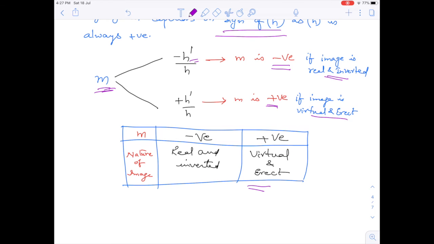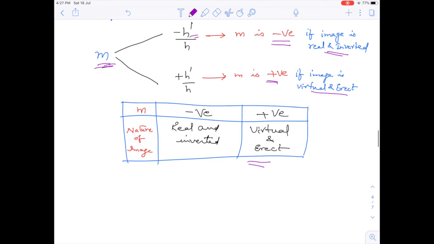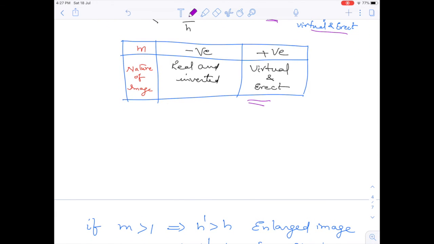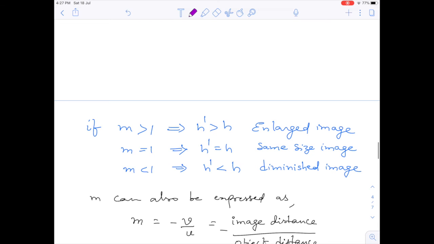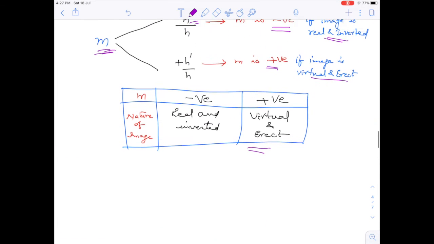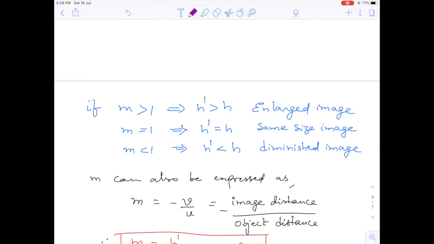Now, with these things both combined, mirror formula and magnification, we can find out the size, nature and position of the image, and distances can be measured. So, if m is greater than 1, obviously h dash will be greater than h. So, h dash is greater than h means what? Height of the image is greater than height of the object.